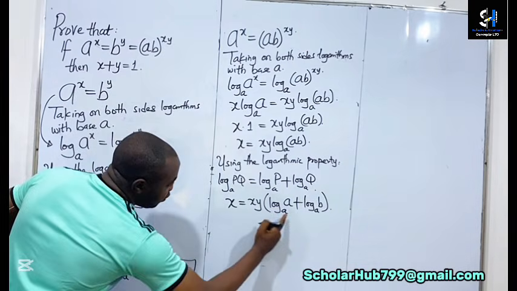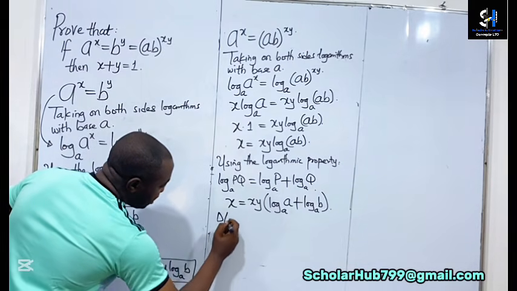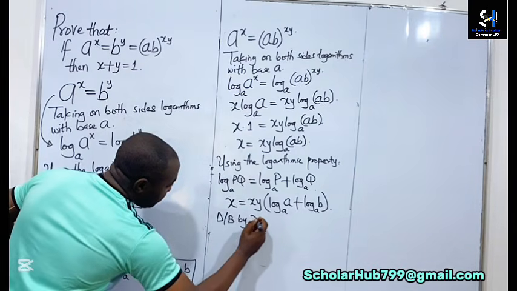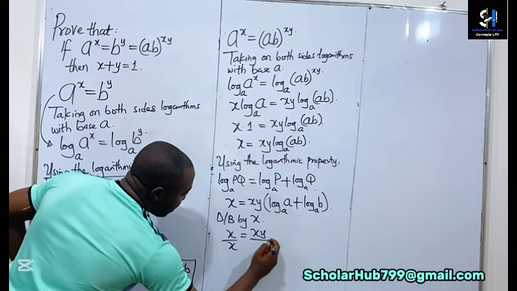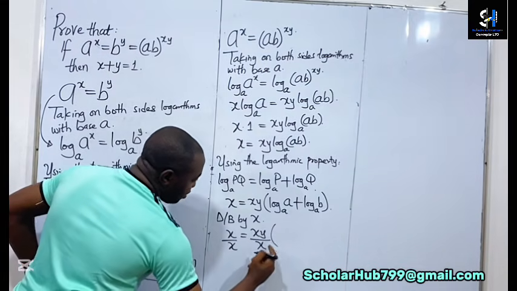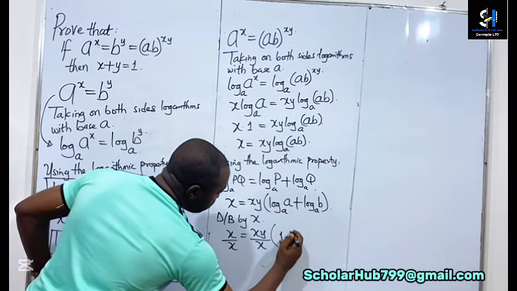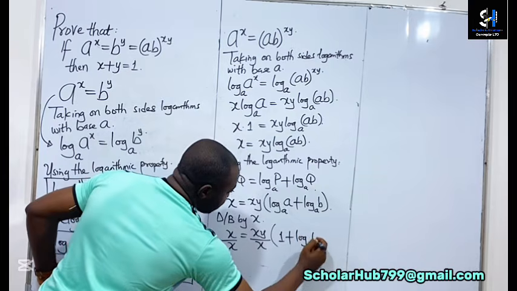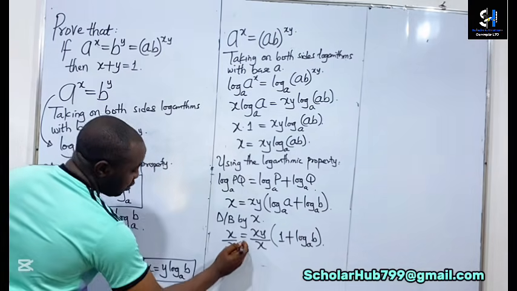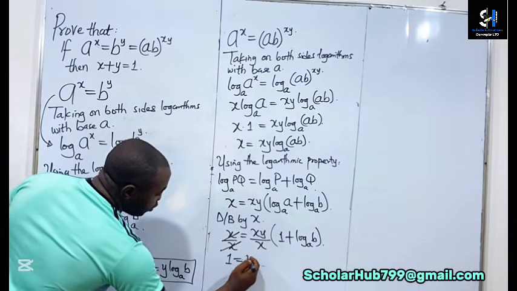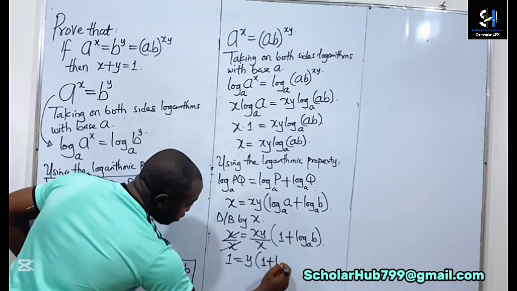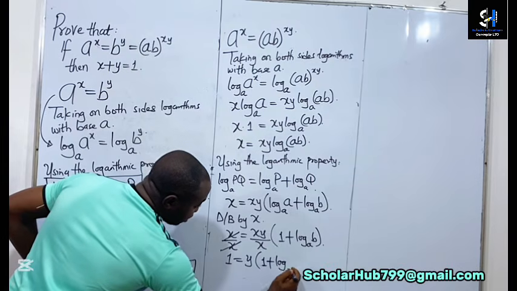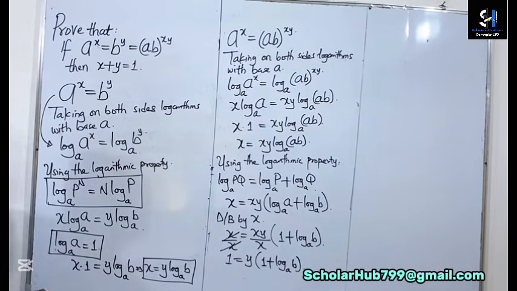Also we know that logarithm to base a of a equals 1. Then if we divide both sides by x, this will be x divided by x equals xy divided by x, (1 plus logarithm to base a of b). So this will be 1 equals y (1 plus logarithm to base a of b).